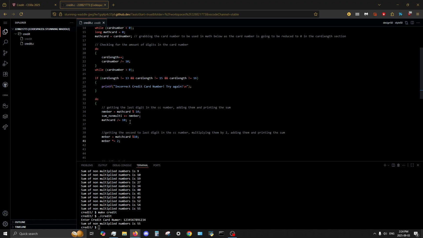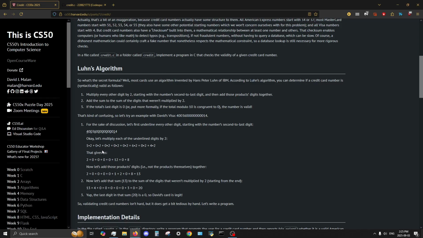Then we need 2. I'm confused. So multiply it by 2. Then let's add those products. Digits, not the products themselves, together.